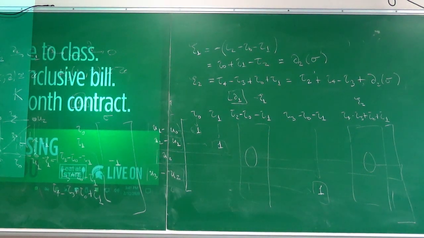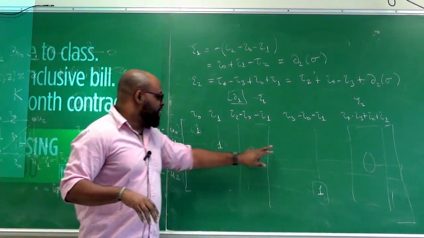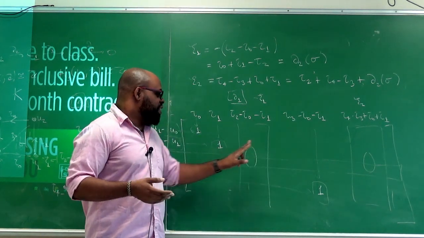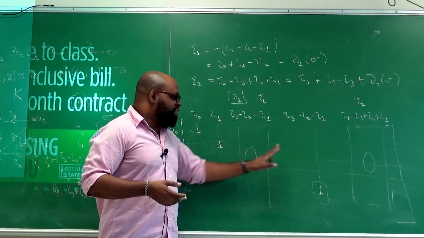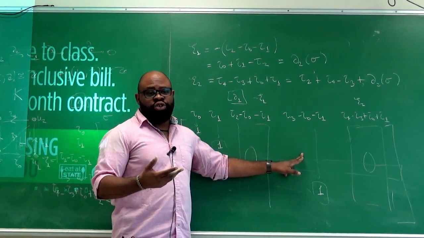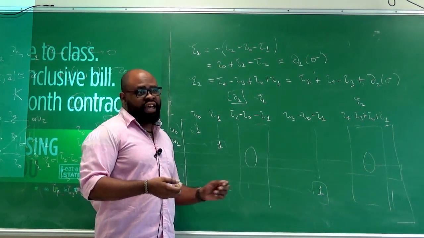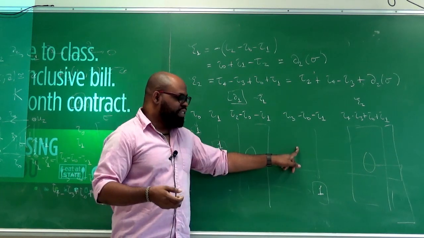So let me say it another way. Say that you have here, I don't know, 5, and here in the row you have 8. So 5 does not divide 8, right? So what you do is you find the greatest common divisor of the two, which is 1, and you find the linear combination of 5 and 8 that gives you 1.